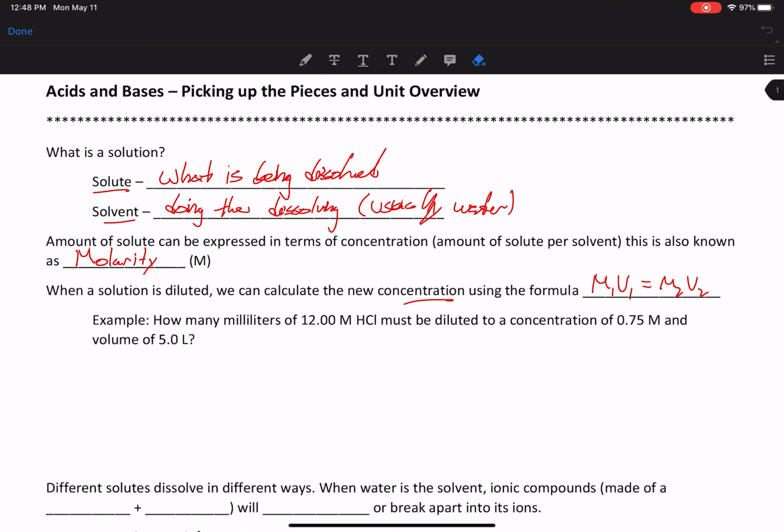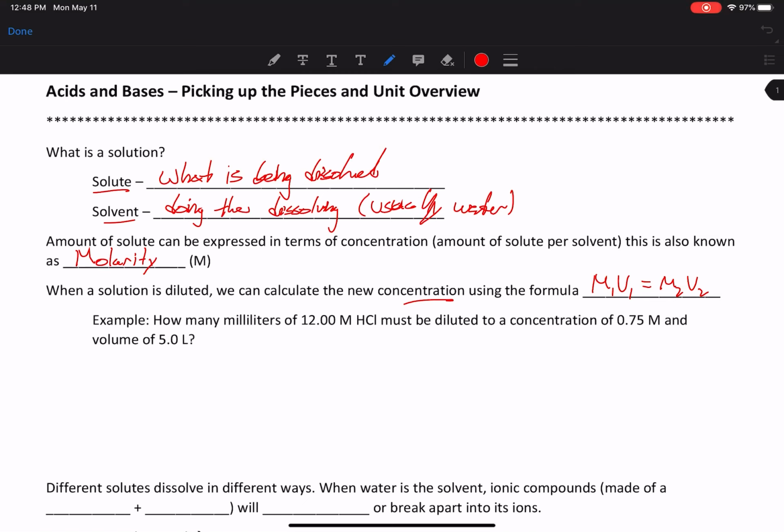So M1 is the molarity of the initial solution. V1 is the volume of the initial solution, and then M2 and V2 are the molarity and the volume of the new solution.